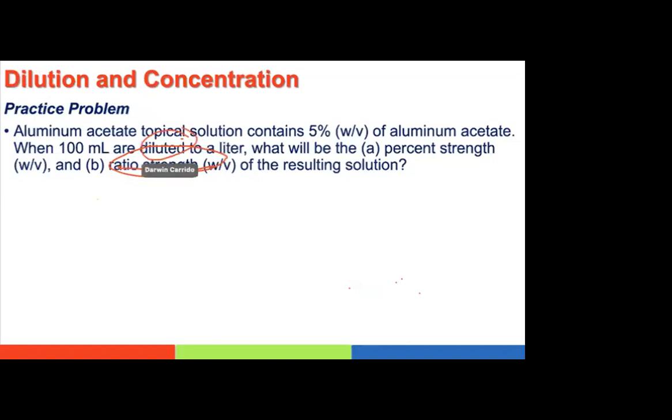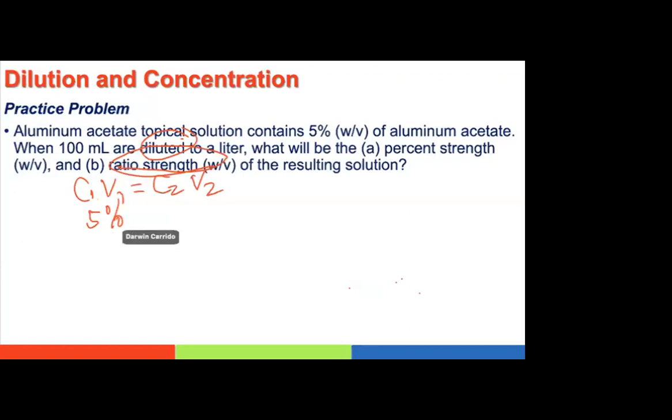So we can use now the equation C1 V1 C2 V2, or X1, whatever letter, pwede din naman. So what is my C1? What is my initial concentration? Contains 5%. When 100 ml of this 5% was diluted to 1,000 ml or 1 liter, what will be the new concentration? So therefore, your first concentration is 5%.